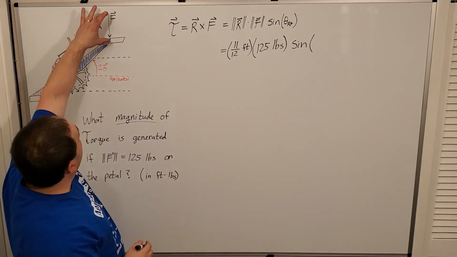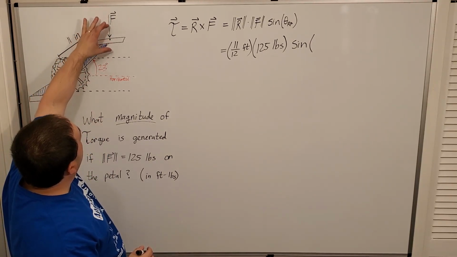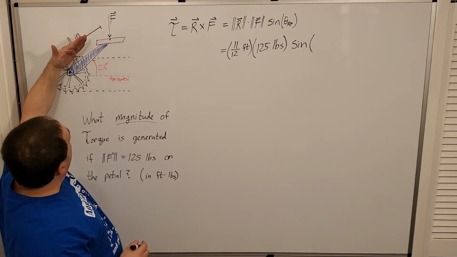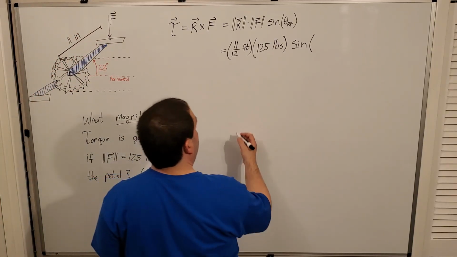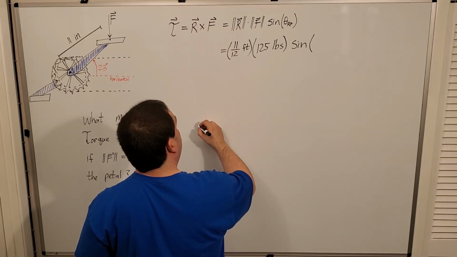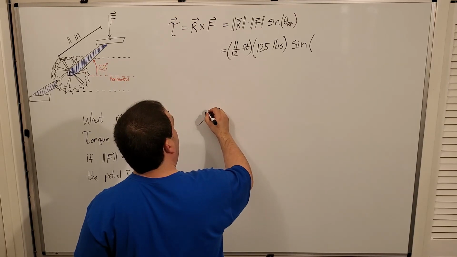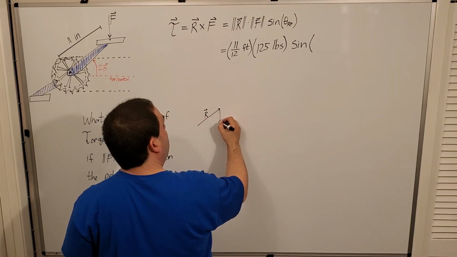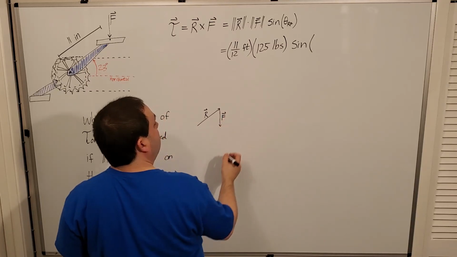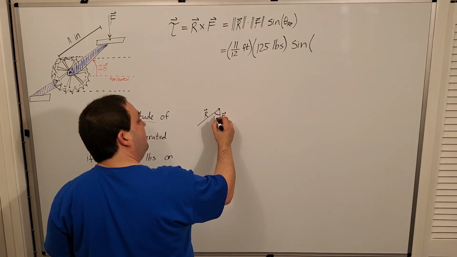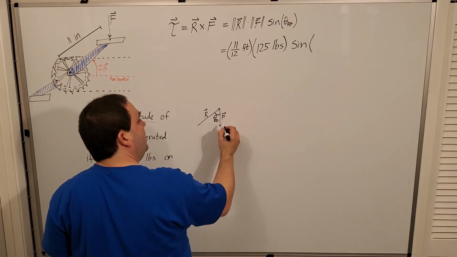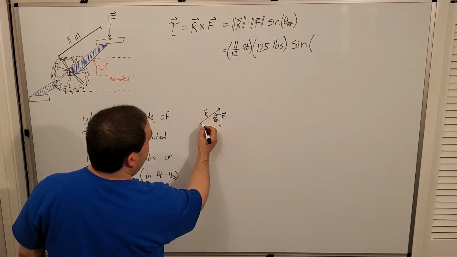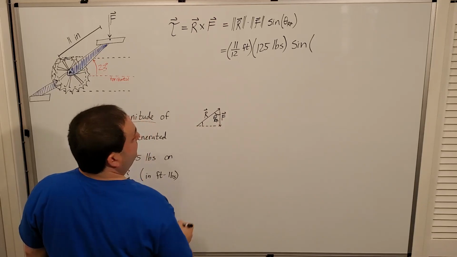If you transfer the force vector down some, and then notice that the r vector is here, then the setup that we have is like this. Here's the r vector, right? Here's the f vector. So the angle in between them, theta RF, is right here. Whereas we have this angle with the horizontal.